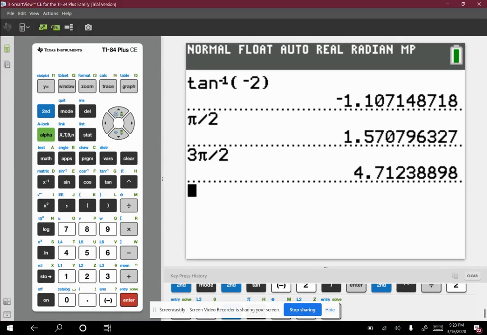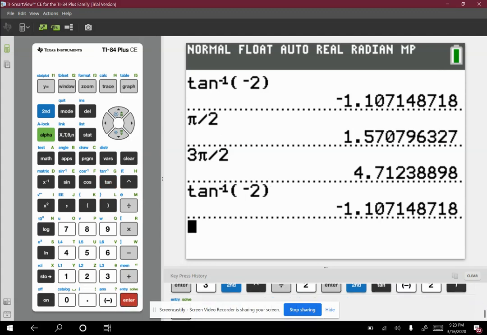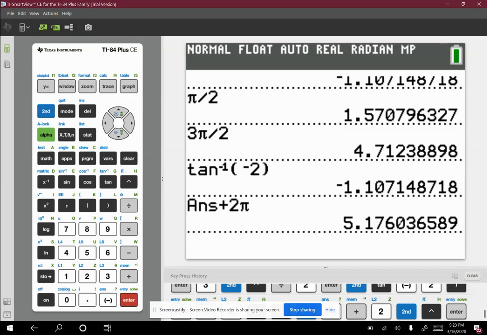Let me just recall what we had: second inverse -2. It gave me that number. I'm going to add 2 pi to it. Answer plus 2 pi equals.